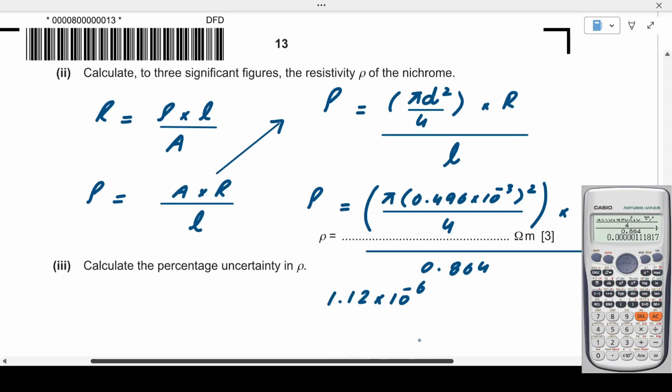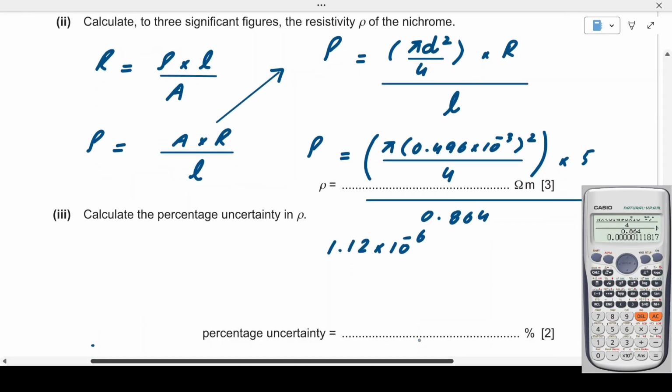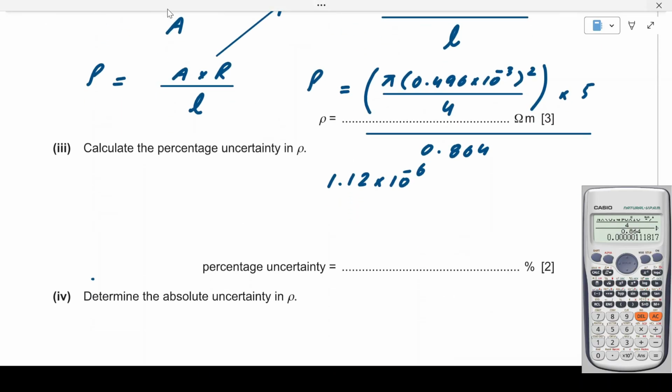Okay, we need to find the percentage uncertainty in the resistivity. So the formula of resistivity was pi d square over 4 multiplied by r, and this whole thing divided by length.